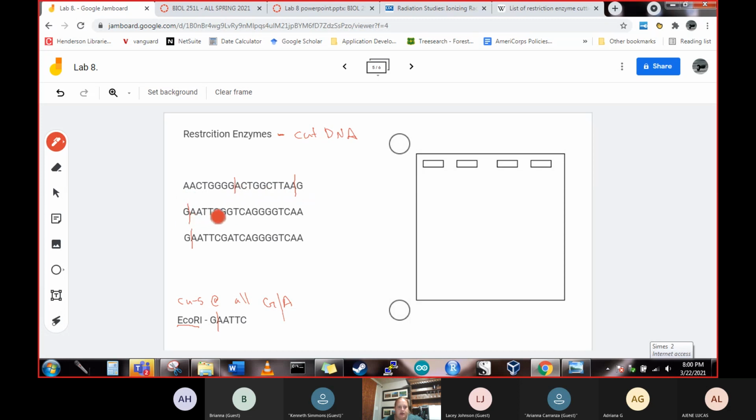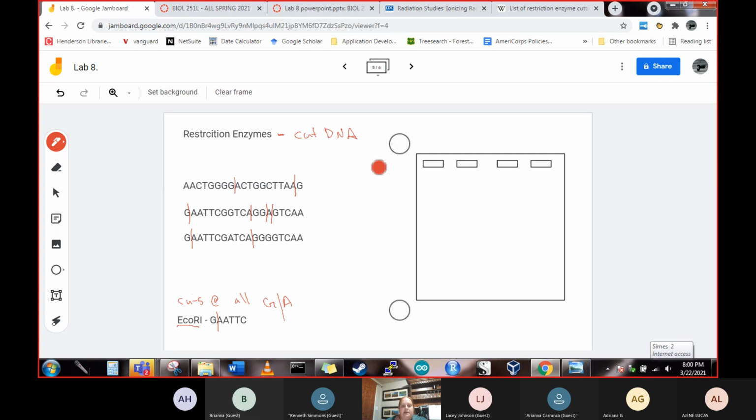For this one, there's a GA here. And for this one, there's a GA here. Let's put in another GA somewhere here, let's put an A here just for fun. So we have another cleavage here. Oh, now we have two, because it's actually GA in both directions.